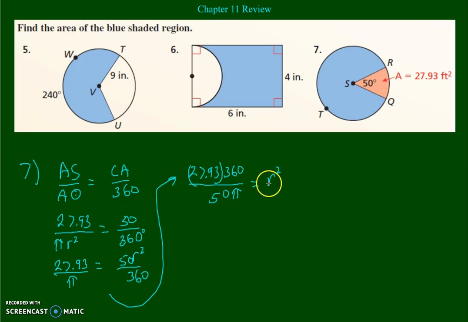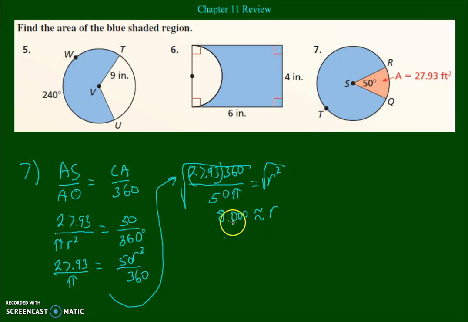Now, to undo the squared term, we square root both sides, and this will give us our r. So r is approximately equal to 8 to 3 decimal places, 8.000. So that's our radius. Now we can go ahead with the rest of the problem.